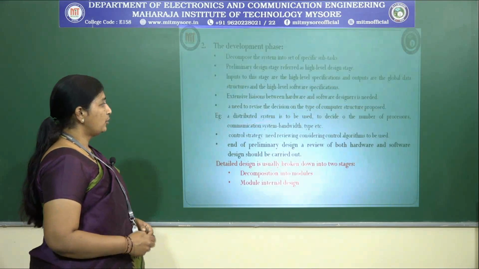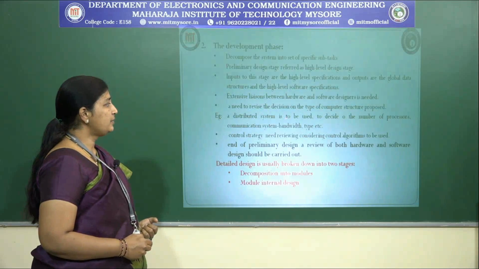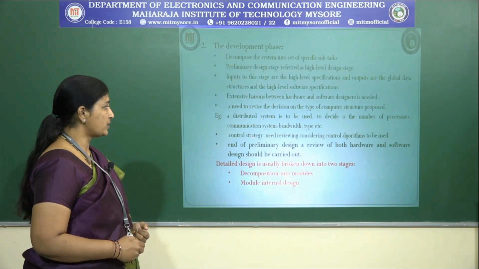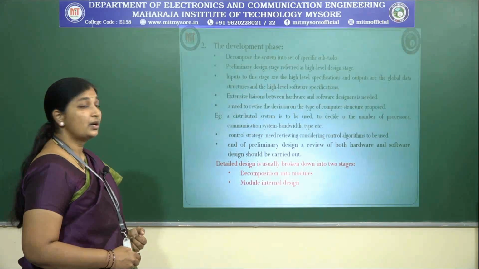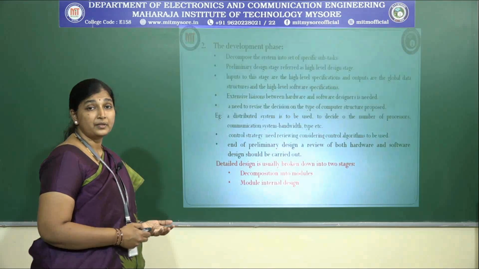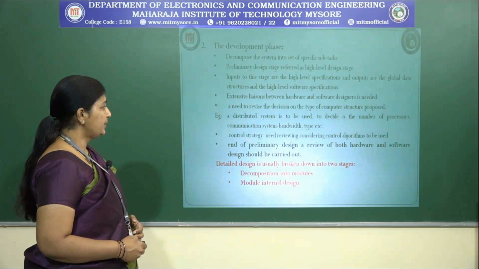Okay, so let us take an example to understand this. A distributed system is to be used to decide how many processors are used in communication, what kind of bandwidth is required, and what type of system we are talking about. Okay, so these are some of the examples.